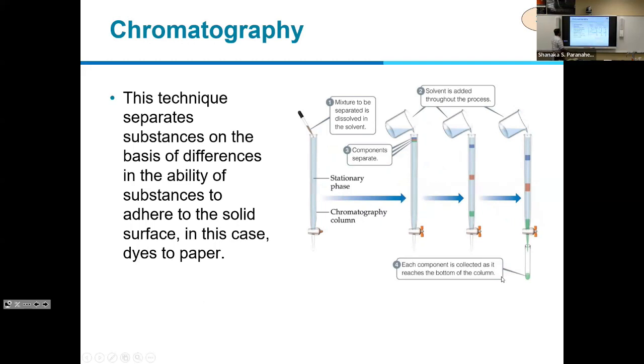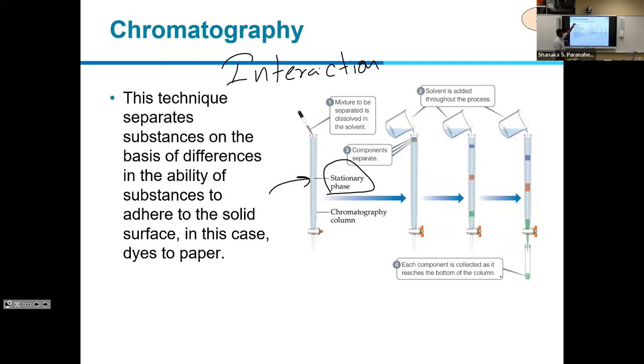In this technique, what we are going to use is the interaction between the chemical and the stationary phase. This glass column is filled with the stationary phase. Different chemicals interact differently with that stationary phase.